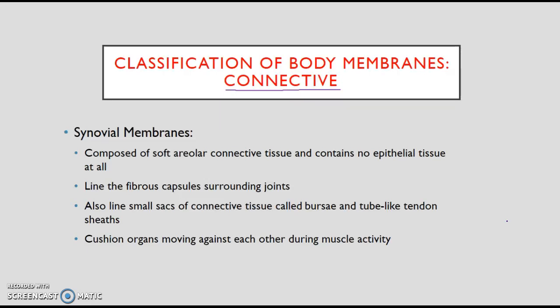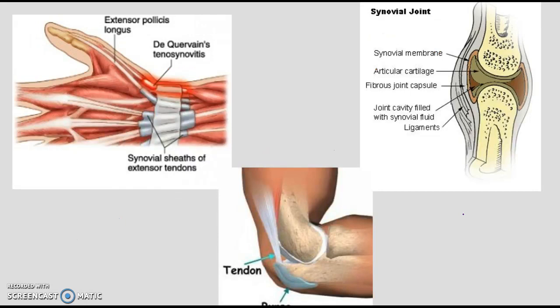It's basically going to line the joints around your bones, and it also contains small sacs of fluid inside of your joints called bursa. If you've ever known anybody to have bursitis, that's the inflammation of these bursa sacs. The whole purpose of these synovial connective tissue membranes is to cushion your joints when you're moving around during muscle activity.